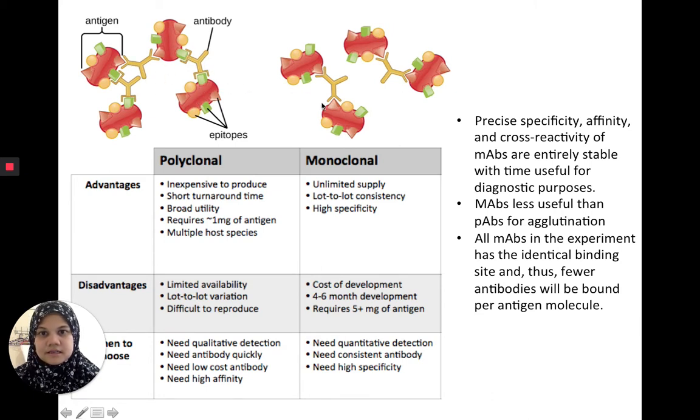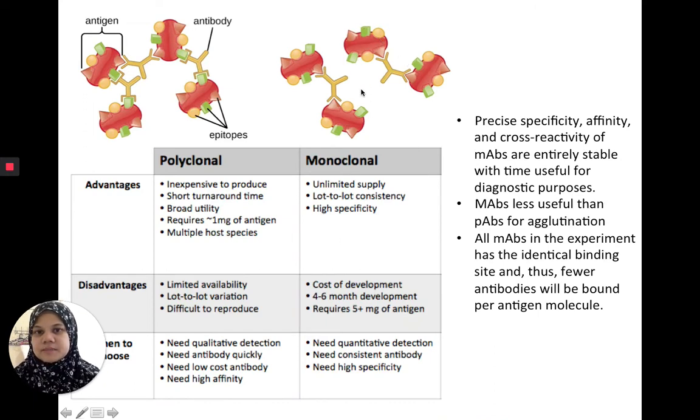In the polyclonal version, a variety of antibodies are being produced, recognizing different epitopes of that antigen. Whereas with the monoclonals, the antibodies produced are only recognizing this particular epitope, so they won't recognize these other epitopes on that antigen.